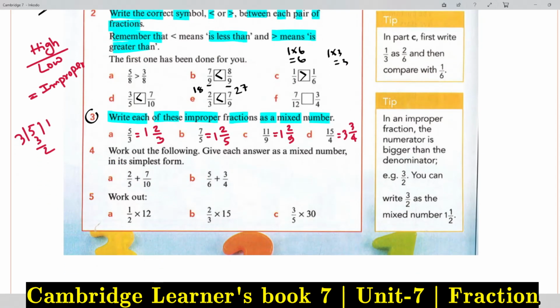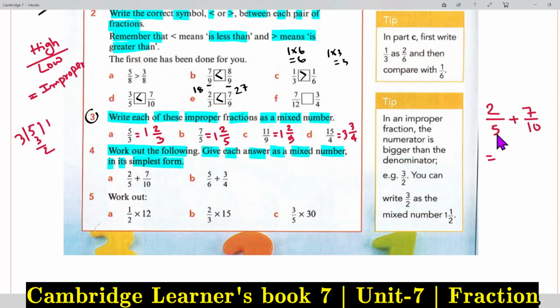Number 4. Work out the following. Give each answer as a mixed number in its simplest form. So this one, first we have to find the LCM. How? 2 by 5 plus 7 by 10.